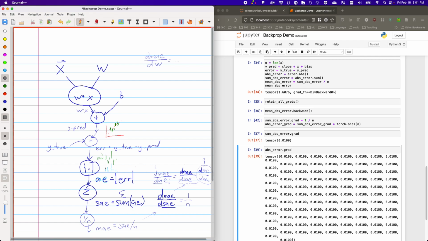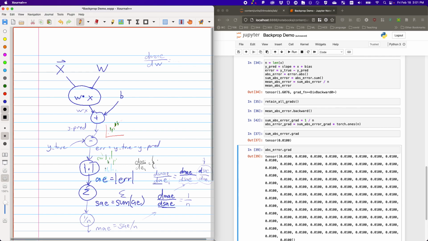So how would we write this out? The derivative of any one of the absolute errors with respect to the error at that one is, well, it kind of depends.